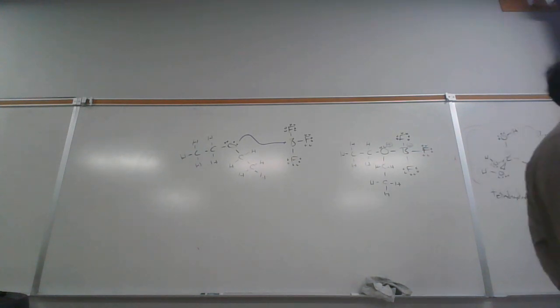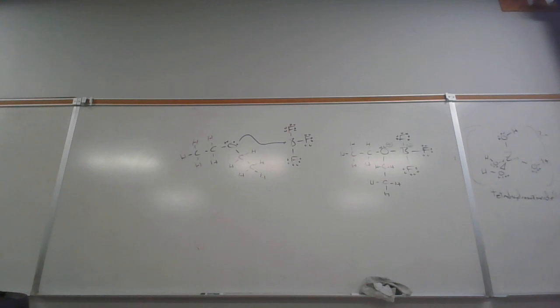Okay, here's another example of a complex. This is a weird one. We have ammonia, which is a good Lewis base, attacking silver ions, which will be our Lewis acid, resulting in a complex in which two ammonias are covalently bonded to the silver. This is called diammine silver ion.